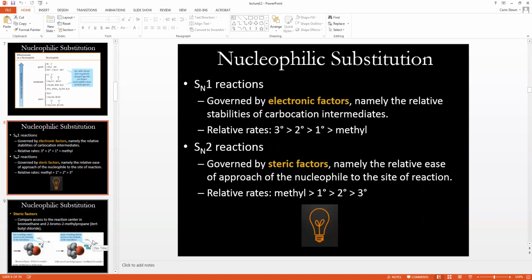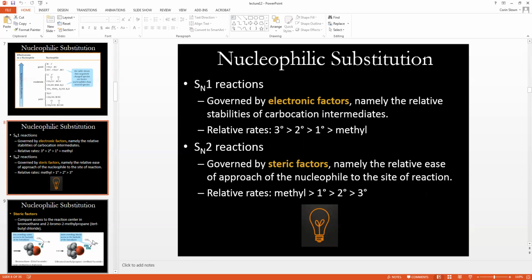So when we think about nucleophilic substitution, one of the things we want to talk about is the difference between SN1 and SN2 reactions. So for example, SN1 reactions are governed by electronic factors, namely the relative stabilities of the carbocation intermediates themselves. So these relative rates are tertiary, secondary, primary, and then methyl.